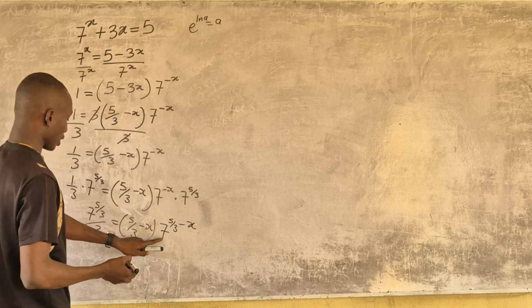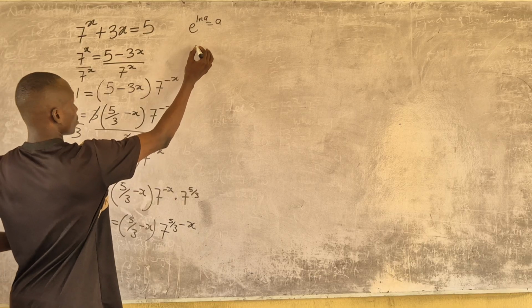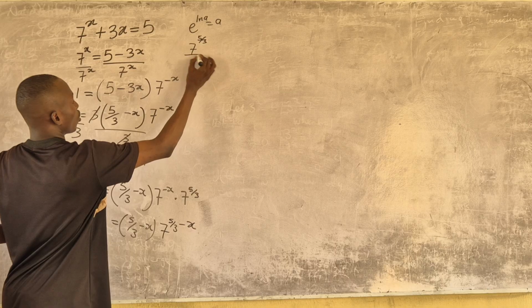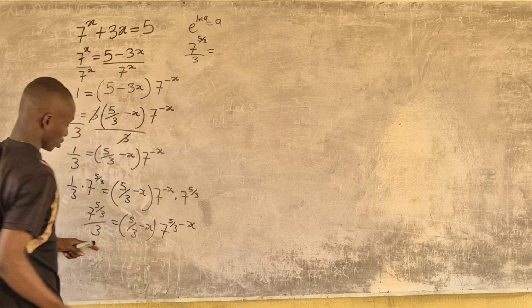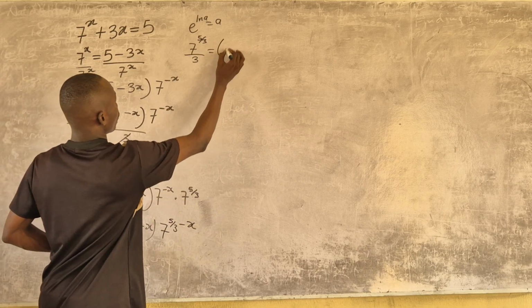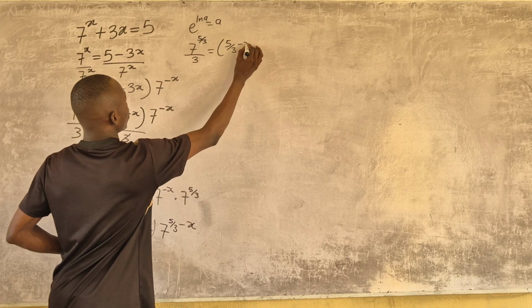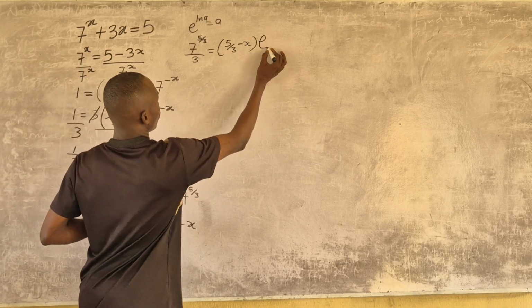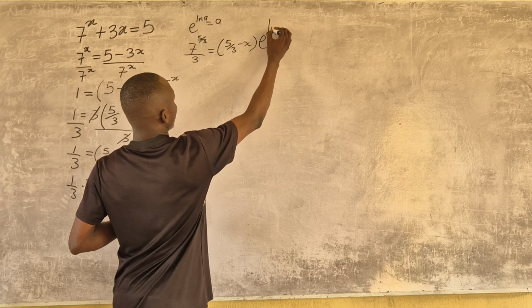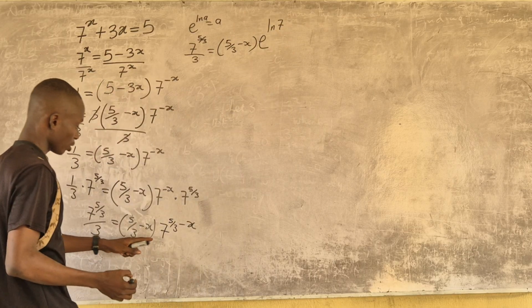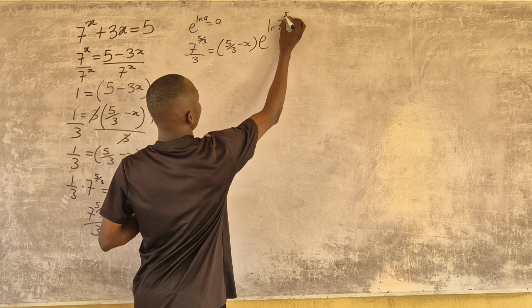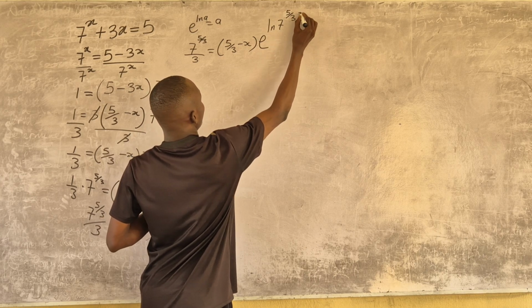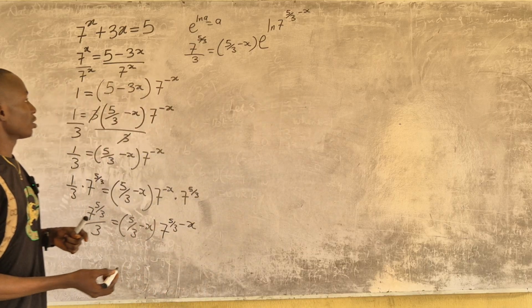So we can write this as 7 to the power of 5 divided by 3 over 3 equals 5 divided by 3 minus x, then multiply by, I can write this as e raised to the power of ln 7 to the power of 5 over 3 minus x, right? Oh, this is amazing.